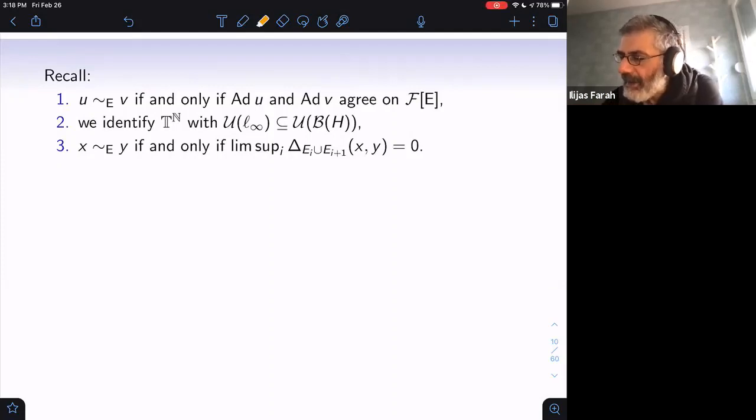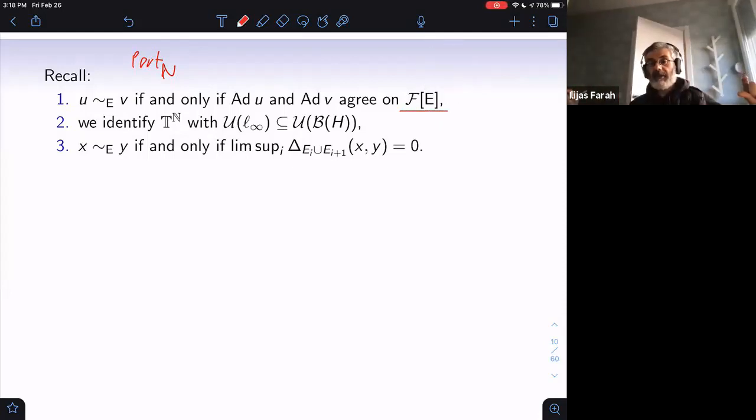Remember here, E is an element of that set of partitions of natural numbers into finite intervals, and we said U is E-equivalent to V if and only if conjugation by U and conjugation by V agree on F of E. And F of E was that Banach subspace of the Calkin algebra of all operators which can be decomposed into a sum of 2 operators whose matrices are included in those blocks.